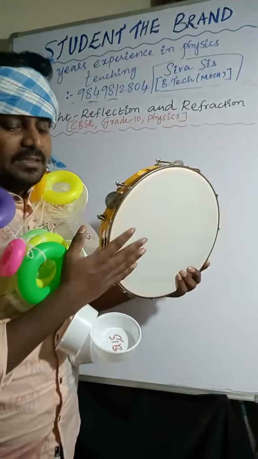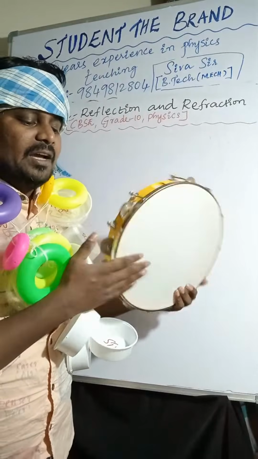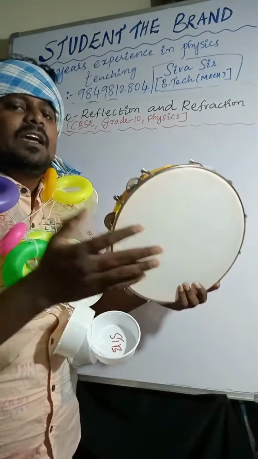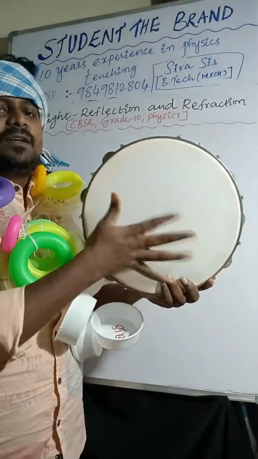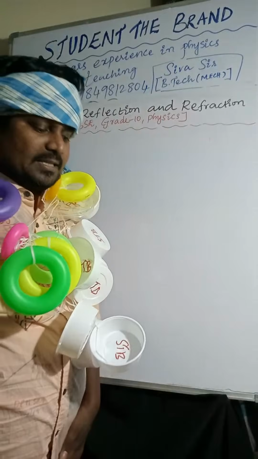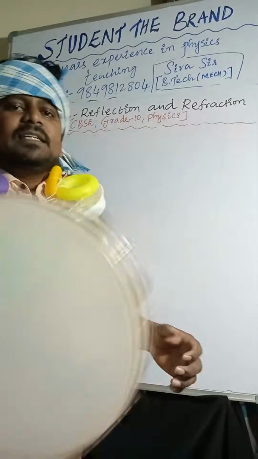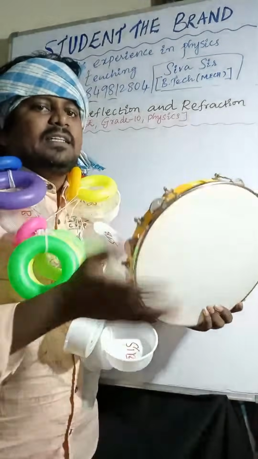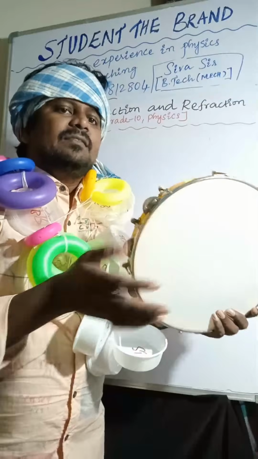Distance is positive along the incident ray, negative opposite to the incident ray. Distance is positive above the principal axis, and negative below the principal axis.